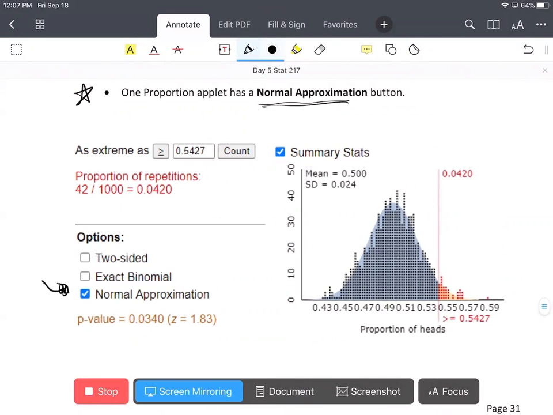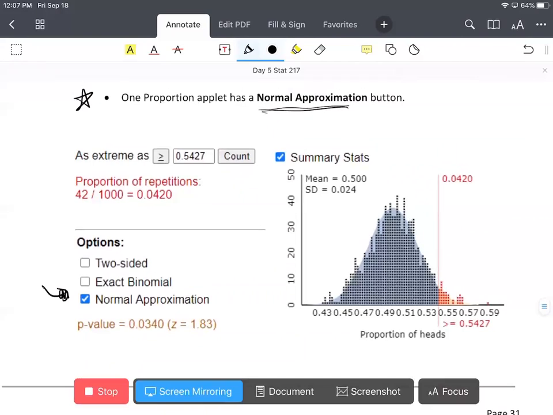So when I count the actual proportion, so this is based on the count, you get 0.042, excuse me, as the p-value. Now, when I do the normal approximation, in other words, it is finding the area under this curve here, it found a p-value of 0.034. So all I had to do was click this box and up it came.